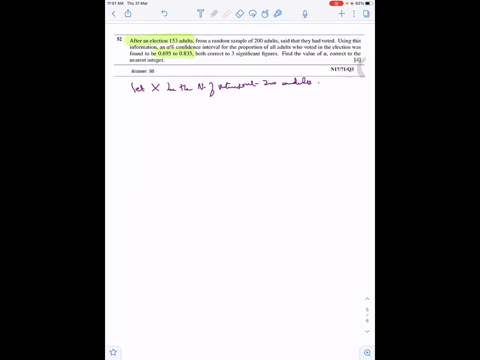$100, and QS is going to be obviously 47 upon 200. Fine. So it's going to be PS plus minus the value which we don't know right now.